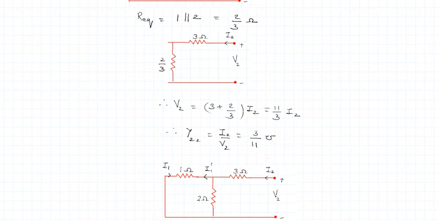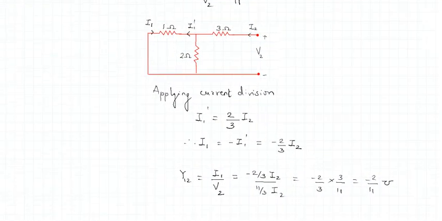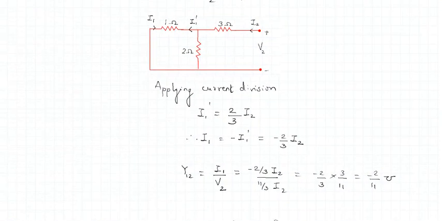Now to calculate the next parameter, Y12, we will again look at the circuit before finding the equivalent circuit. To get this parameter Y12, we need I1. To get this I1, we'll apply current division at this particular node. The current I2 which flows and comes to this node is getting divided into two currents. Let us say the current which flows towards the 1 ohm resistor is I1 dash.